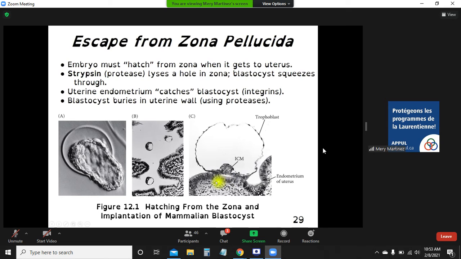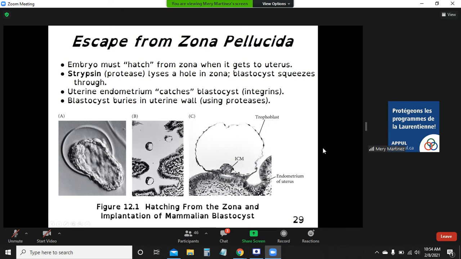But there is also a special cadherin, P cadherin, P for placenta. That one is present in the trophoblast and also in the uterine endometrium. So both ways, these allow the uterus to catch that blastocyst.